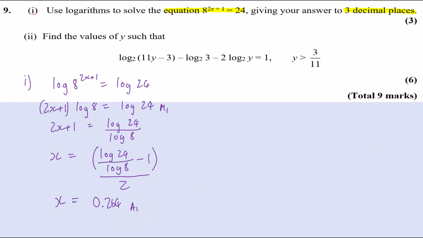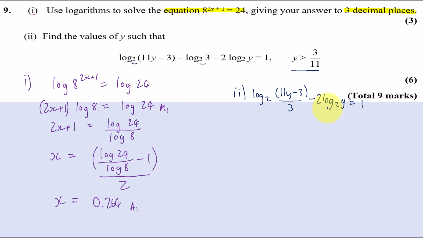Easy peasy. We need to find the values of y such that y is greater than 3 over 11. Now we've got the division law here. So if we were to divide this first section, they've got the same bases, we're going to actually get log 2 of 11y minus 3 over 3 minus this. If we just do it one step at a time, but you could do it all in one go, equals 1.